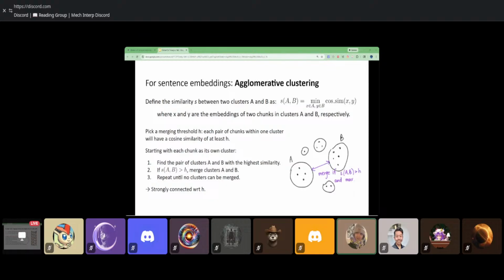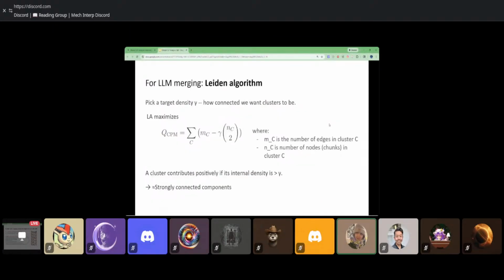What this results in is a bunch of clusters with the property that within any cluster, any pair of chunks have semantic similarity at least H, but you cannot group any pair beyond that while preserving that property. That is agglomerative clustering.